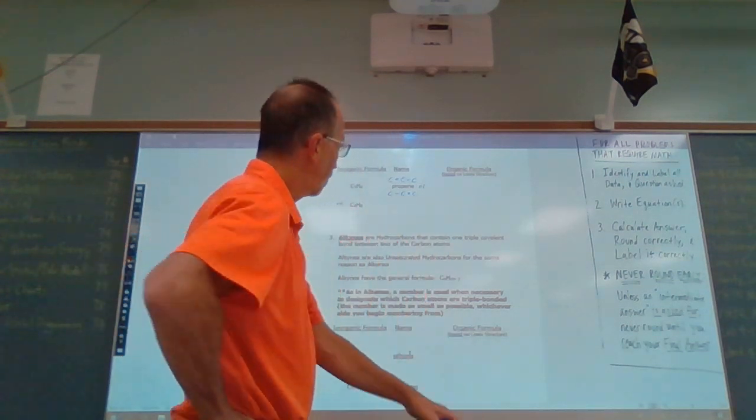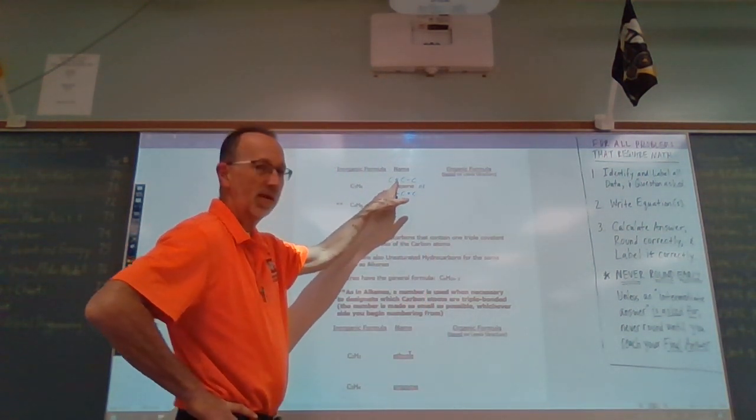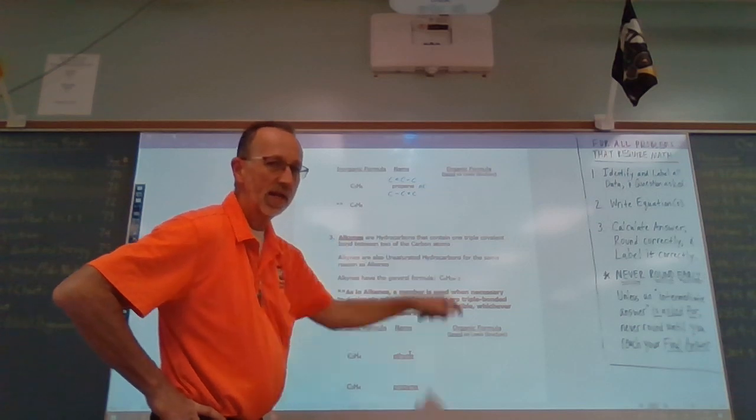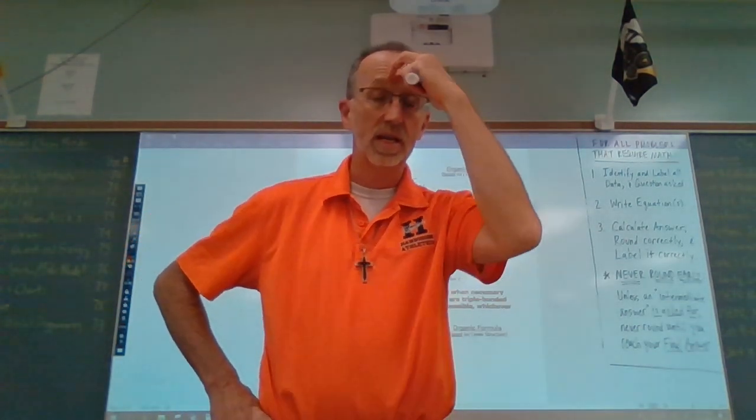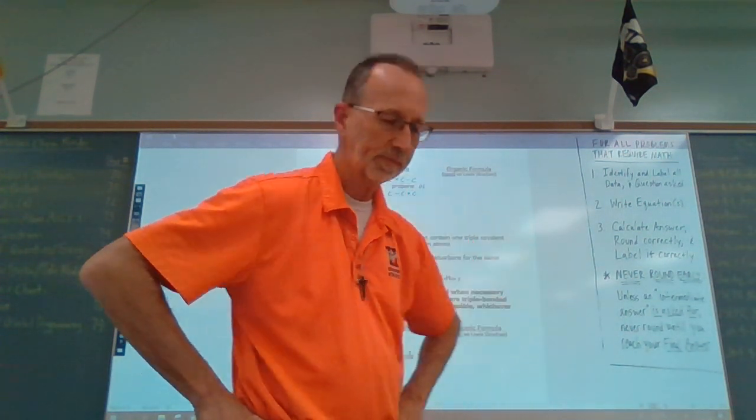Again, the lowest possible numbers there are carbons 1 and 2. So regardless, if you draw it with the double bond here or the double bond here, it's still between carbons 1 and 2. That being the case, we do not need a number in this formula's name. It's not necessary, all right?